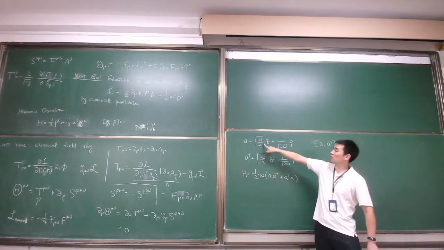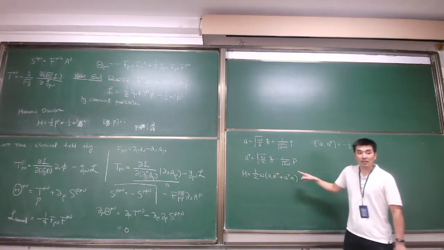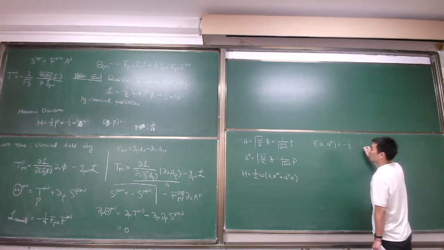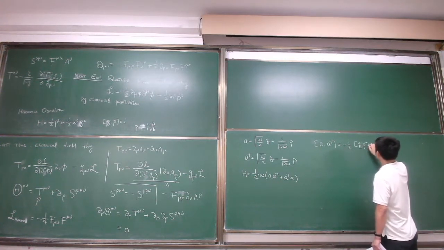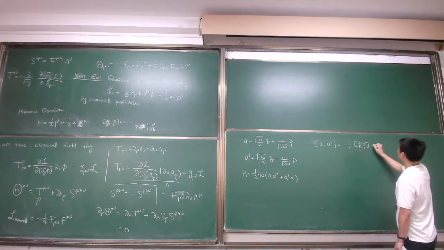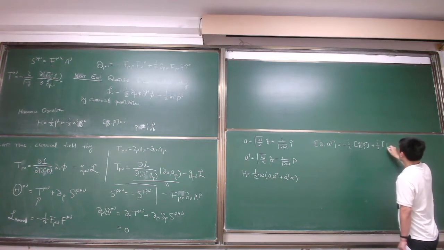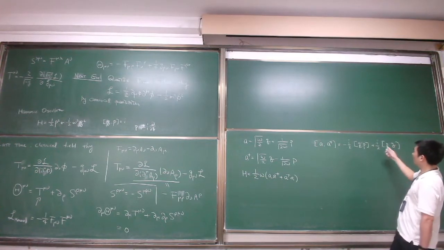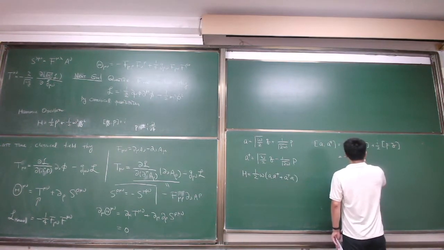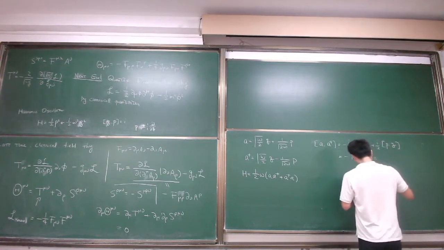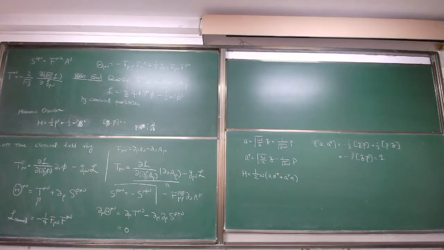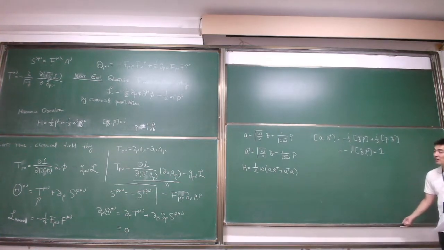If you look at the commutation relation, the square root of omega cancels, and you get minus I over 2 times the commutator of Q and P, and the next term is plus I over 2 times the commutator of P and Q. Of course, if you swap the order, you get I times the commutator of Q and P, and this is equal to 1. If you plug that in here, you get 1. Do you understand? It's very familiar stuff. You should know.